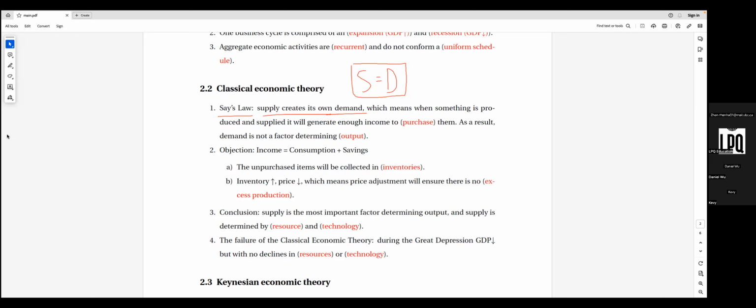So let's have an example here. Why can they say supply always equals demand and demand always equals supply? In the first lecture, notes number 1 of macroeconomics, we learned how to use the income approach to estimate GDP, right?